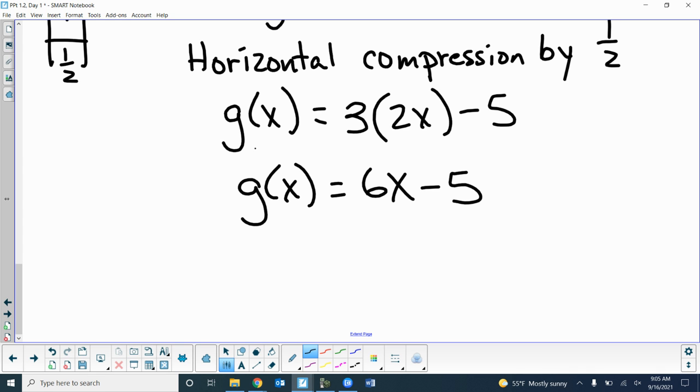Again, if you have more than one transformation, we've only been doing just one single one, right? Simplify the first one and then do the next one, right? Always simplify before you do another transformation. Okay? Always clean it up. Distribute.